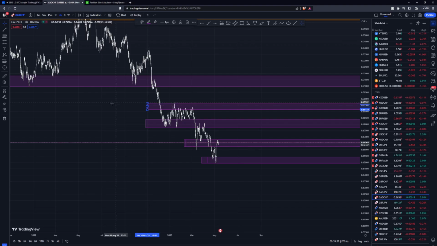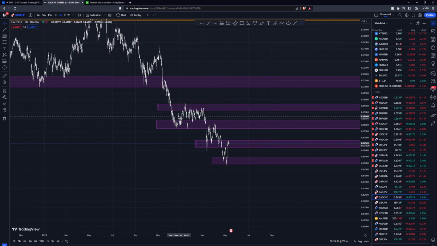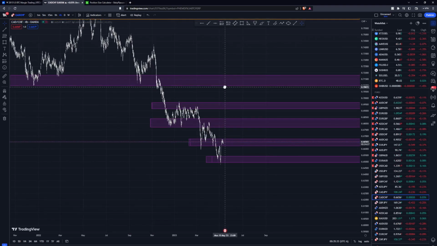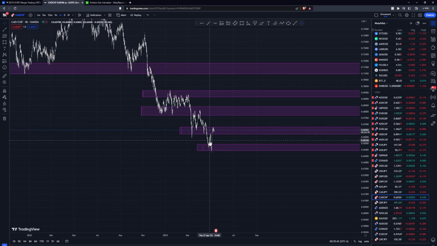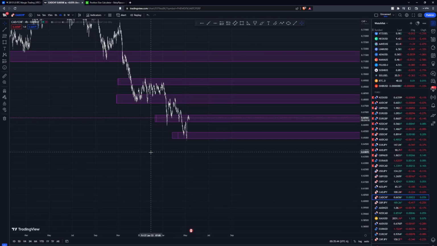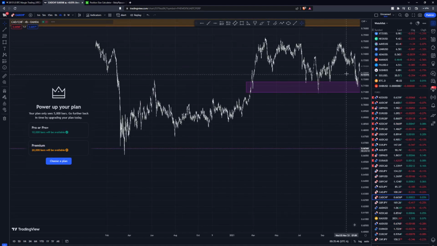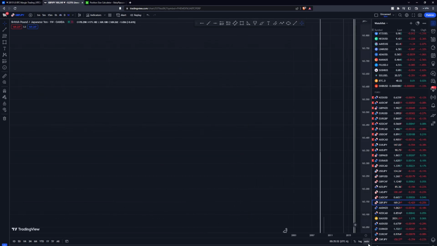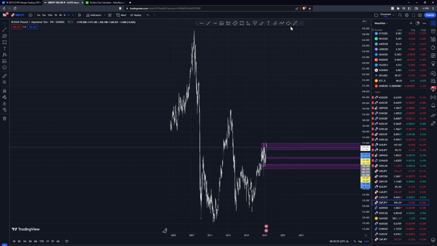Just very localized, but you can tell, as this is moving down, it breaks its support zone. It's come back and it's tested as resistance multiple times in a row. So GBP JPY, weekly, swipe to this chart.